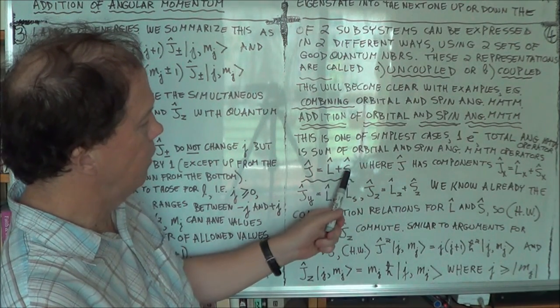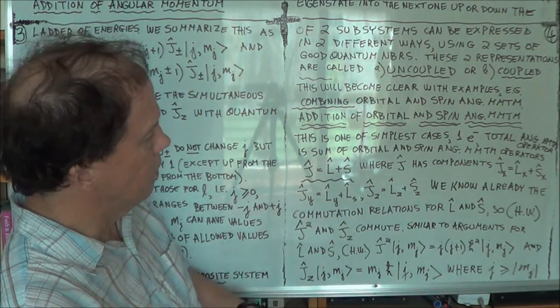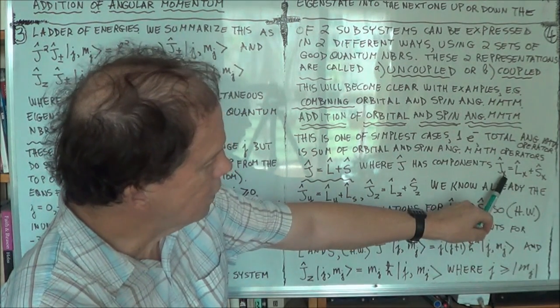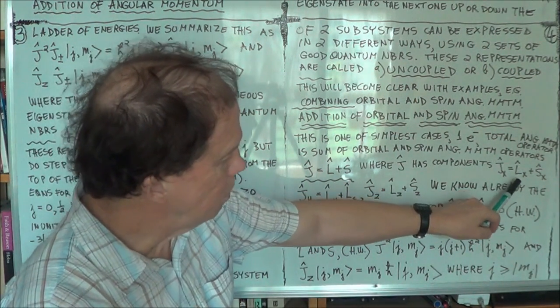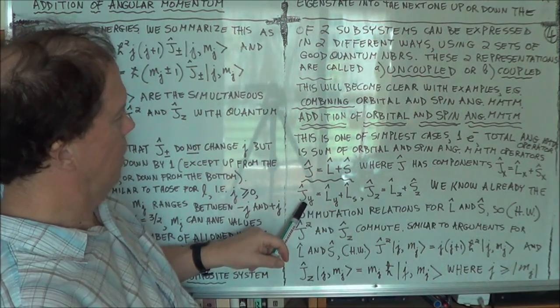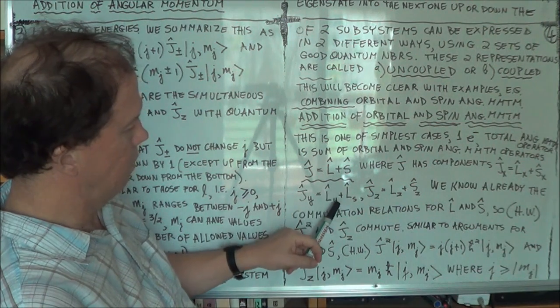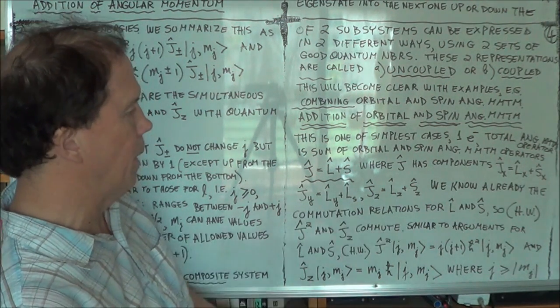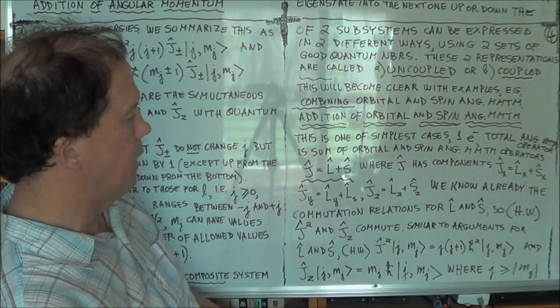And we can do the same thing for the L hat and the S hat. So that the X component of J hat would then be just Lx hat plus Sx hat, and similarly for the other two. So Jy hat would be Ly hat plus Sy hat, and so on. Okay?